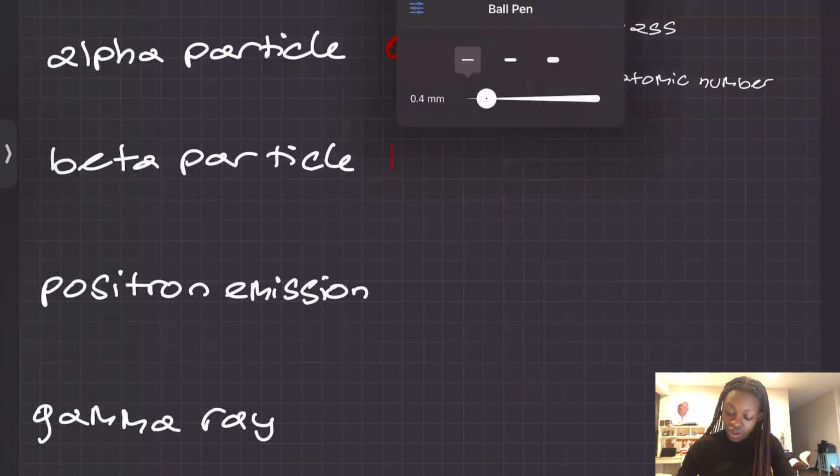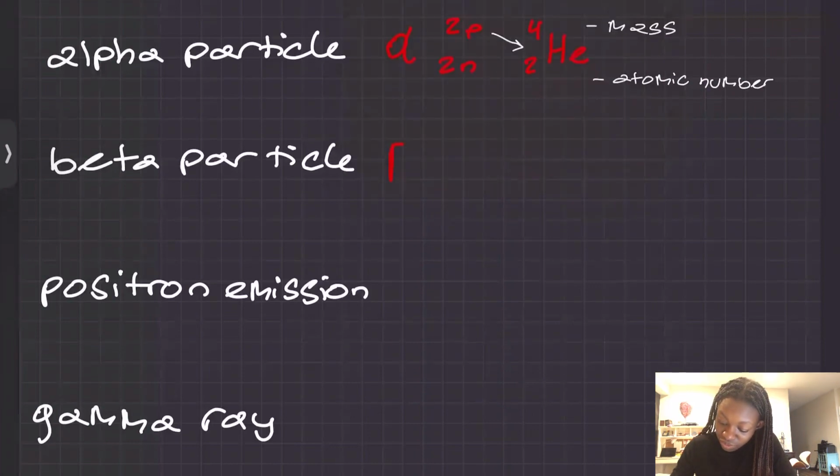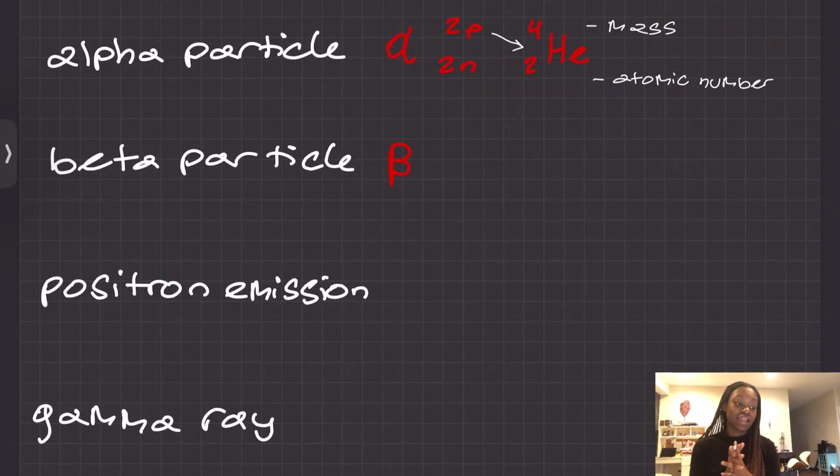The next one is a beta particle, which can be written as a beta with a little bit of a line at the end. It is a high energy electron, so it's got a negative charge, and it is emitted from a radioactive nucleus during a nuclear reaction. It's formed when a neutron converts to a proton and an electron. So when a neutron splits into a proton and an electron, the electron that is formed is the beta particle.